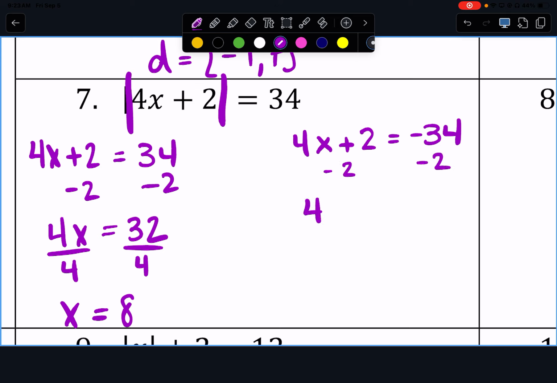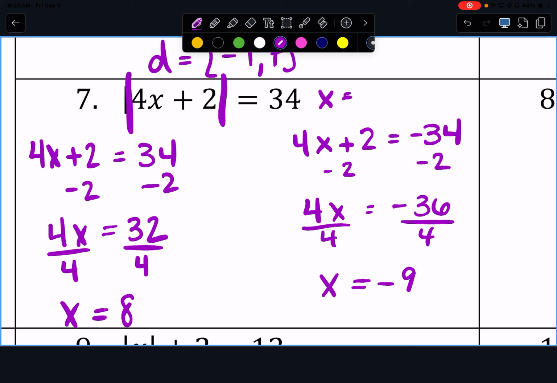What is negative 34 minus 2? Negative 36. Then I need to divide by 4. What is negative 36 divided by 4? Negative 9. Yeah. So we get x is equal to squiggle bracket, negative 9, comma, 8.